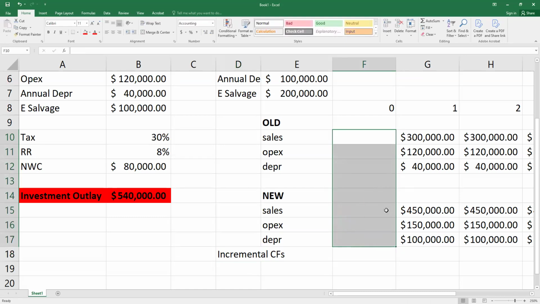And one more question: why would we start calculating the new equipment from year 0? No, we don't. I removed it. So sales and operational expenses actually start from year 1, as usual, both for the old and for the new one.